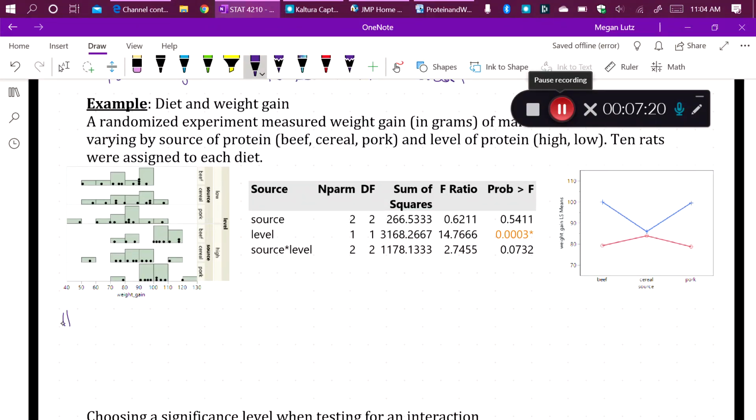So our null hypothesis is that there is no interaction between the source and level, that would be the amount of protein.